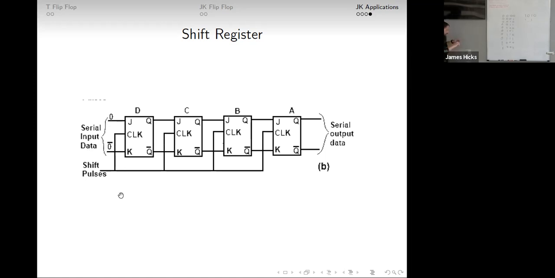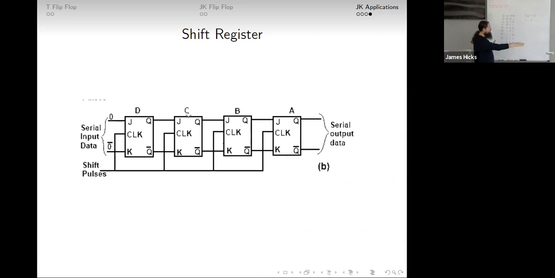When a clock cycle or clock pulse hits the whole thing, the effect is that whatever was in the D flip-flop gets shifted into C, C gets shifted into B, B gets shifted into A, and A just gets put out someplace else.